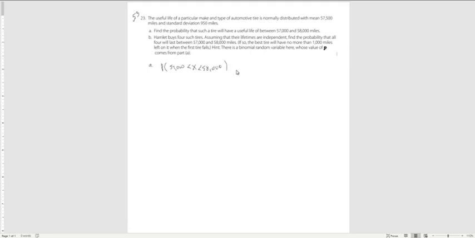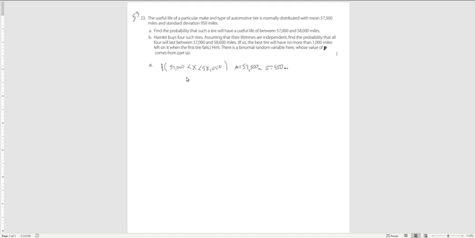We're given a normal distribution with 57,500 for the mean and standard deviation of 950. Both of those are in miles. Always good to check the units in case they put them in odd and we have to convert.